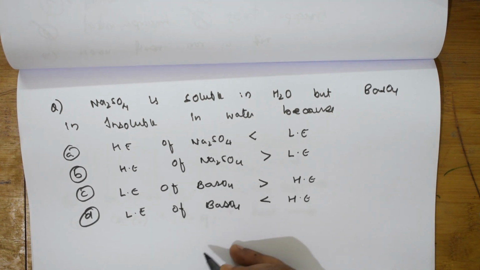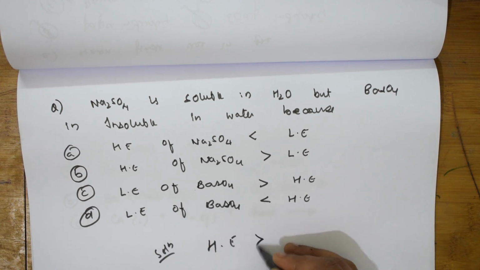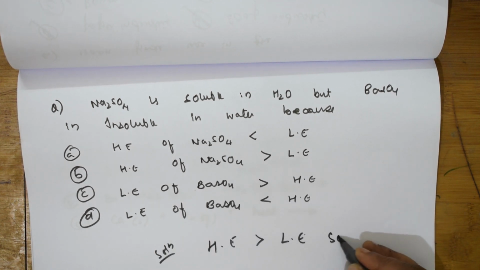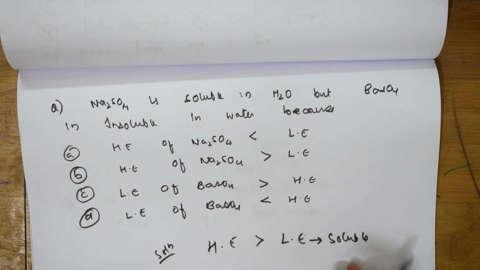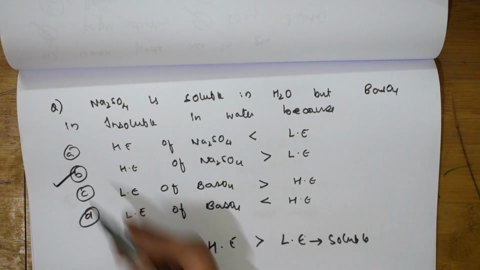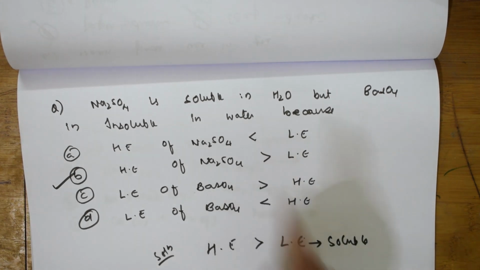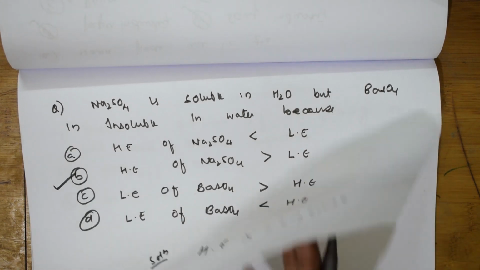You should always remember the clue: hydration enthalpy should be greater than lattice enthalpy for something to be soluble. According to this concept, which I have already reasoned earlier, the correct answer is B, because when hydration enthalpy is greater than lattice enthalpy, then that is soluble. Fine, that is the answer.